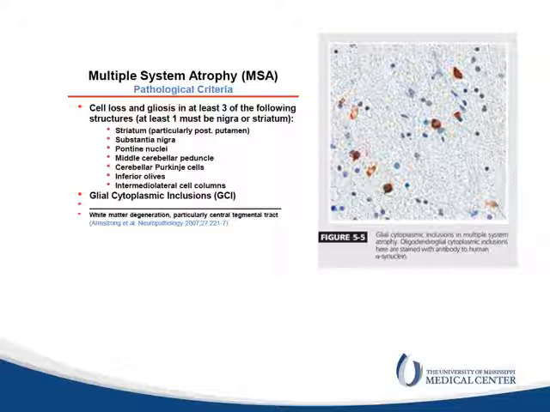It is caused by gliosis with glial cytoplasmic inclusions in the oligodendrocytes, which is different from Parkinson's disease, where there is dopaminergic neuron involvement. MSA is also considered an alpha-synucleinopathy, meaning there is pathologic deposition of abnormal alpha-synuclein in cytoplasmic inclusions.